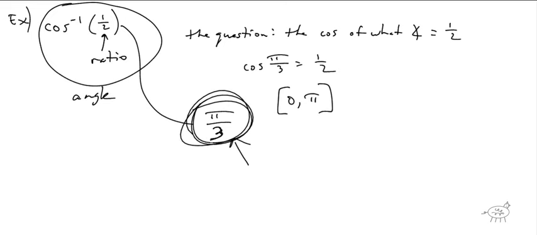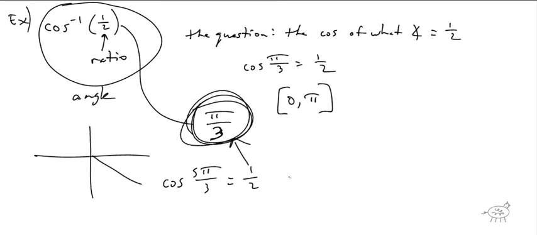Okay, because technically, couldn't you give me an infinite number of answers? If I go over here in this quadrant, isn't it also positive? So isn't it the cosine of 5 pi over 3? Isn't that also 1/2? You guys should kind of know that from the chapter with radians. Well, of course, aren't there two answers per ratio, because it's positive in both the first quadrant and the fourth quadrant?